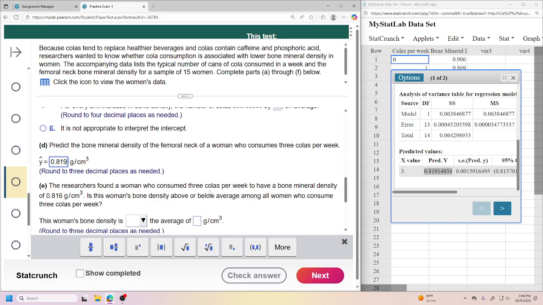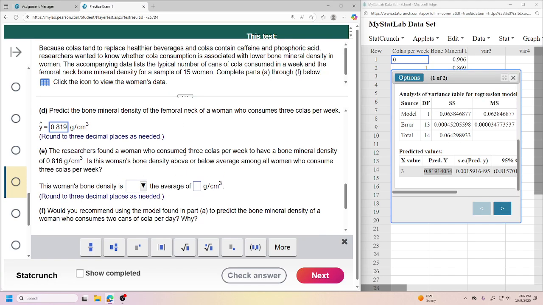There you go. So found 3, and then we got this, so they're a little bit different. So the bone density of this particular woman is below or above? See, this is what I wanted. This is what I found from her. So yeah, I would say hers is below.